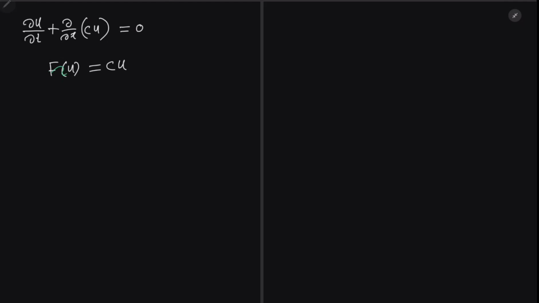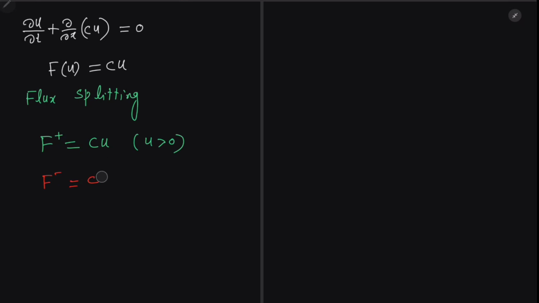Now, if you are asked to write the flux splitting, the flux vector splitting will be, for example, F plus equals cu where u is greater than 0, and then we have F negative.